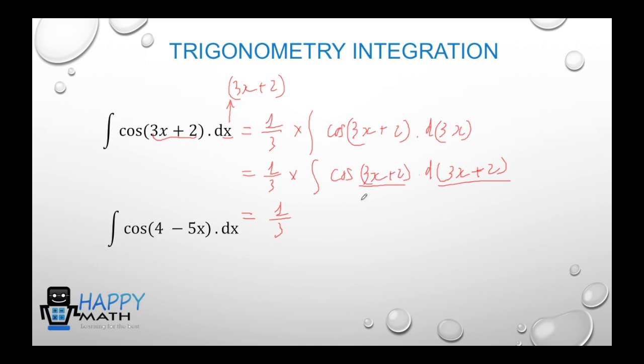It becomes d of sine 3x plus 2. Sine 3x plus 2 is the original function of this derivative. And of course, don't forget to add the constant number at the end of the integrating operation.